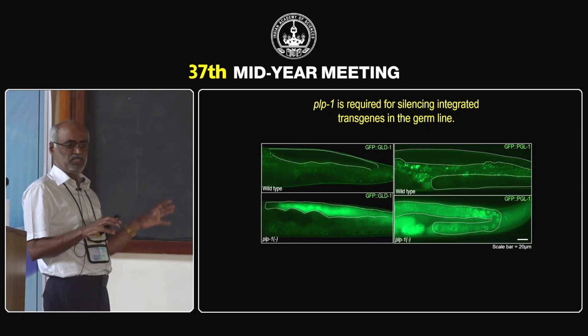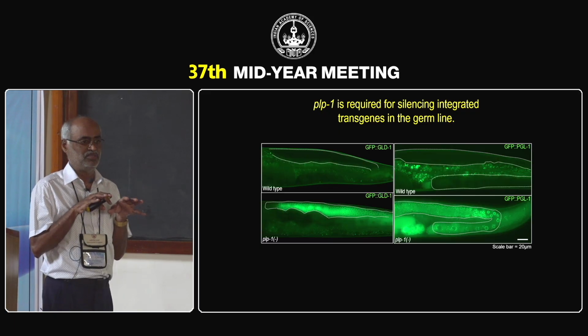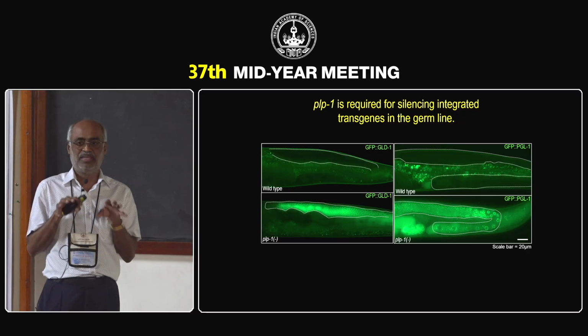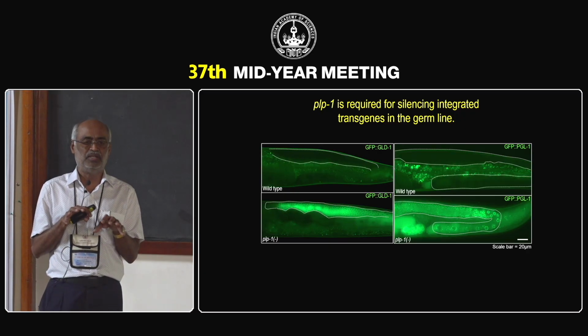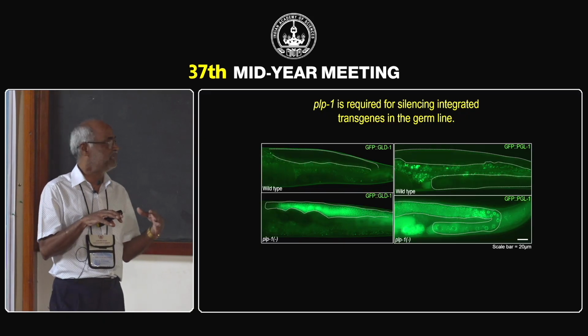So we looked at a bunch of genes that are known to be silenced in the germline. Initially itself, remember I told you there is a special mechanism in the germline that protects against foreign genes. That mechanism does silence some of the endogenous genes as well in normal conditions, that is 20 degree.